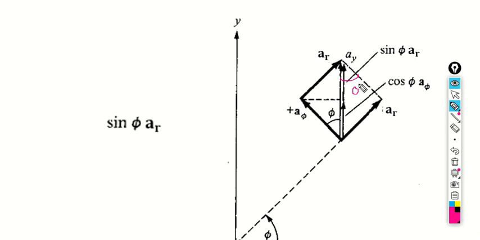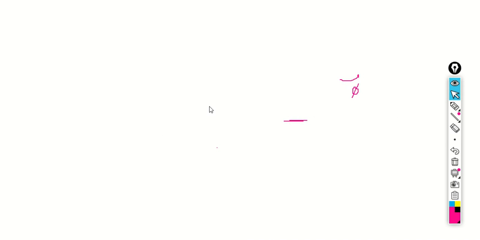So opposite of phi is ar, so it will be equal to ar sin phi. Likewise, if I want to resolve a phi in the direction of y, this is my adjacent side, so its component will be a phi cos phi. The addition of these two will resolve my vectors ar and a phi in the direction of unit vector ay.